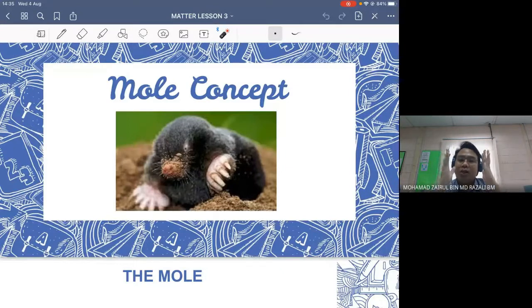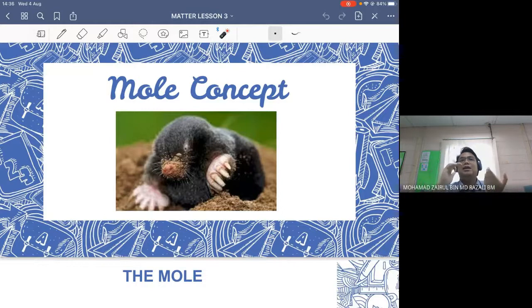Okay, so awak kena betul-betul understand the concept of mole because mole concept is very important especially for calculation. So everything is depend on mole. Okay, another thing I want to emphasize is pasal ratio. Because mole concept is also about the ratio between the chemical that involved in the chemical reaction.